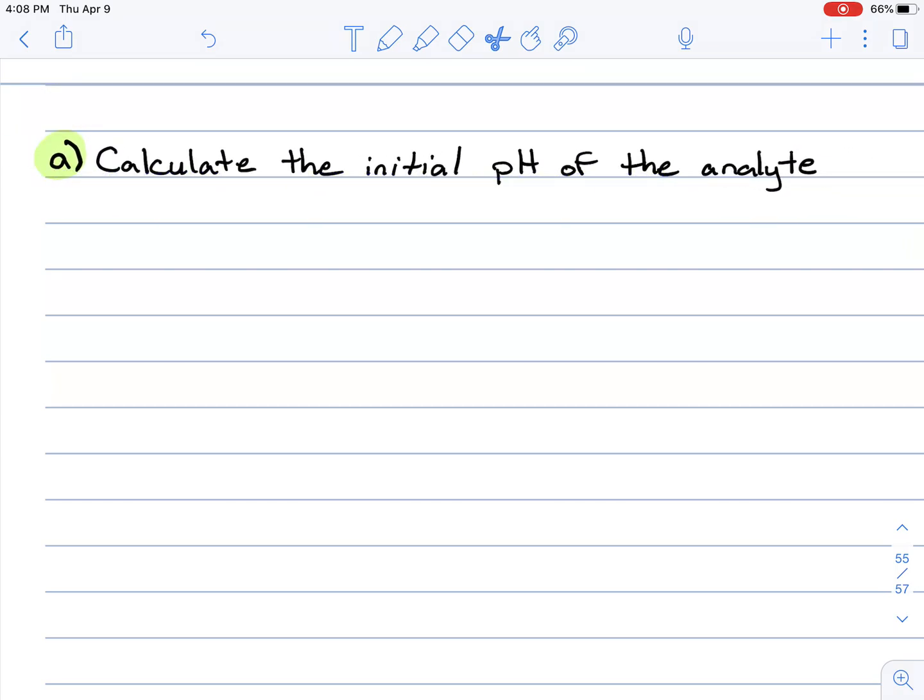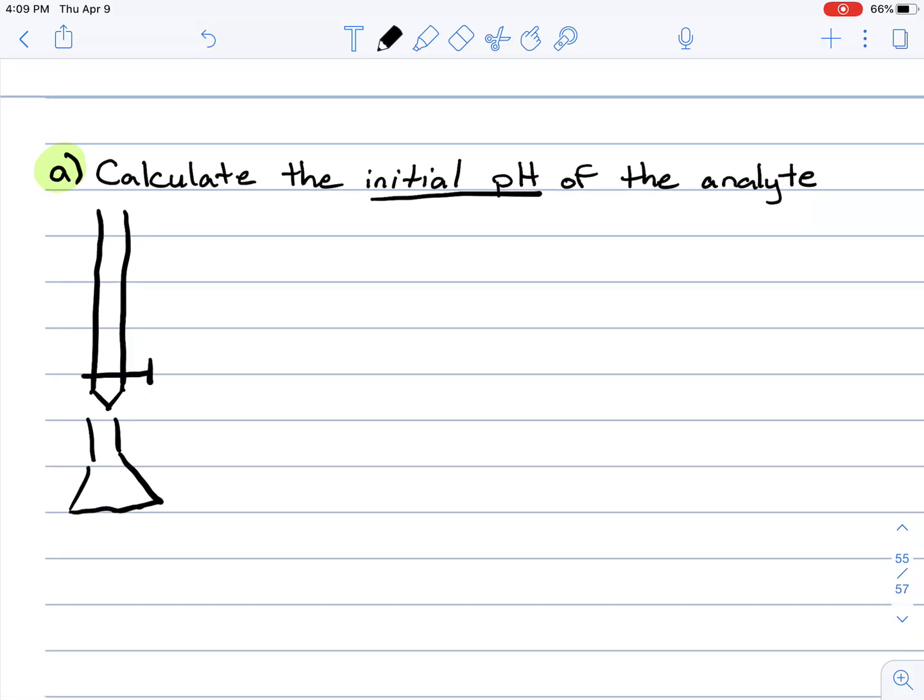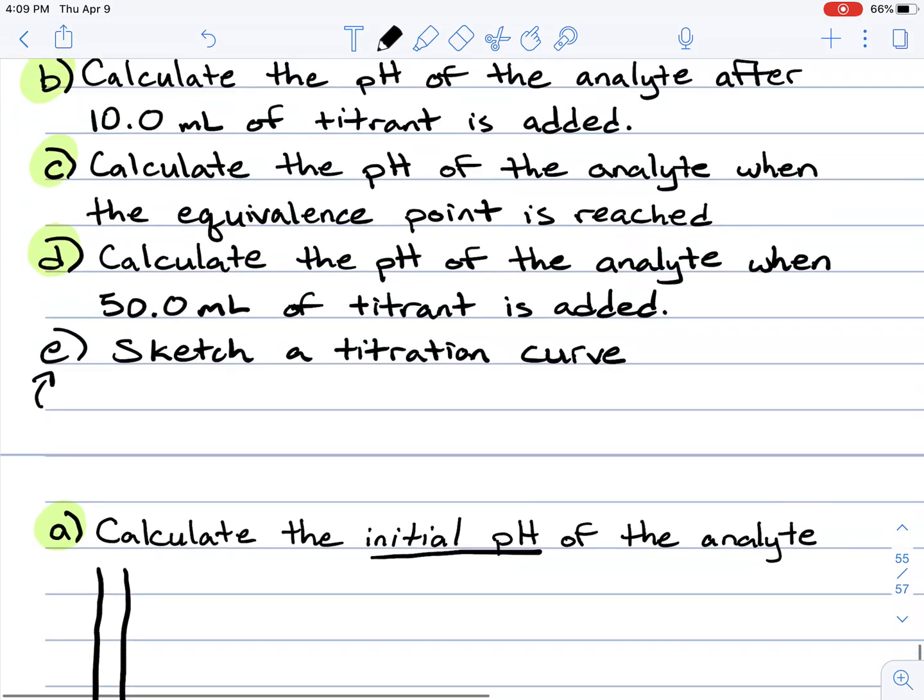So the first item that we need to calculate is the initial pH of the analyte. I always like to start by drawing my pictures. So I have my burette and I have my Erlenmeyer flask. I need to label the components, the volume, and the concentration inside my burette and my Erlenmeyer flask.